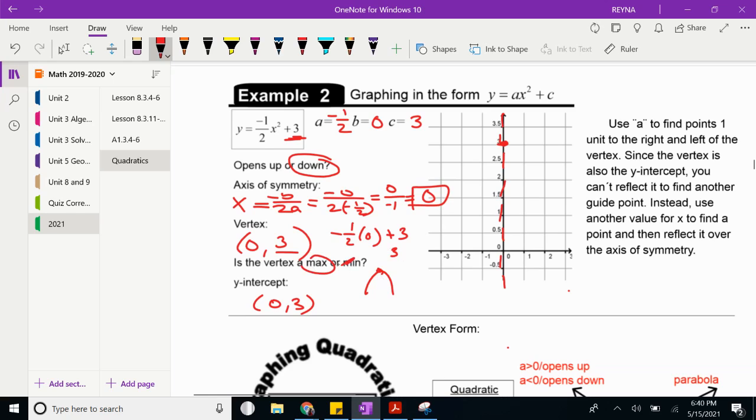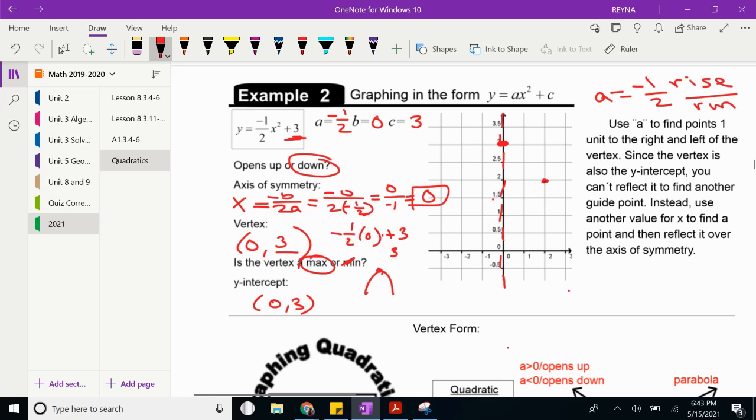Okay, and we can get one more point from our A. It'll act as a slope. That's what it says in this corner over here. You can use A to help you find your point. So A is equal to negative 1 over 2. This is going to be our rise and our run. So starting from our vertex, we're going to go down 1 to the right 2.